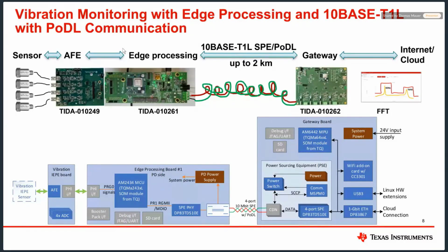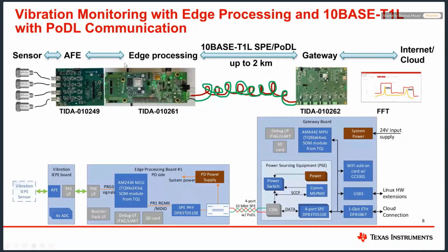The system consists of a sensor over here. You see here in this demo system, we can connect up to 4 sensors. We have then an analog front end, which is this device, and the analog front end is directly connected to the edge processing board, which is over here.